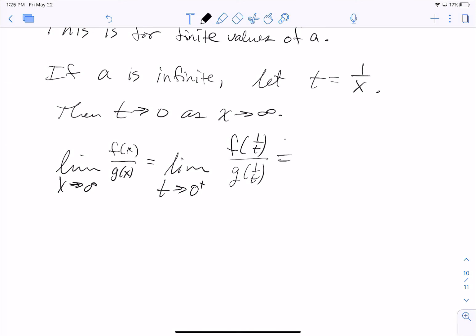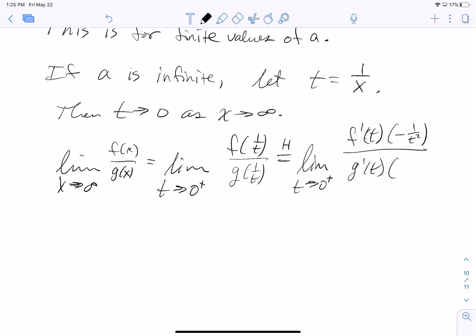And that equals, by L'Hopital's rule, for a being a finite number, the limit as t approaches 0 from the positive side of f prime of t times negative 1 over t squared divided by g prime of t times negative 1 over t squared, by the chain rule.